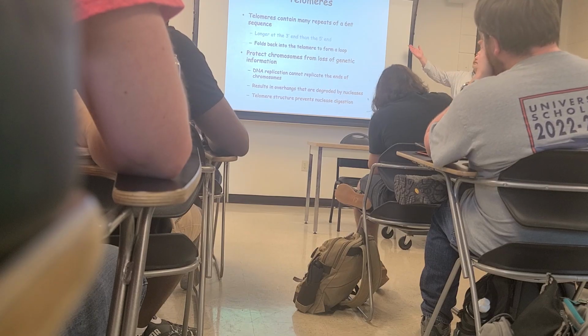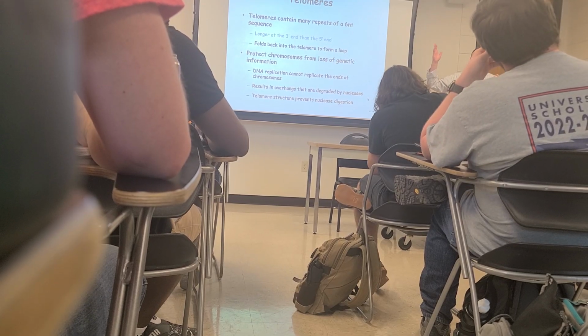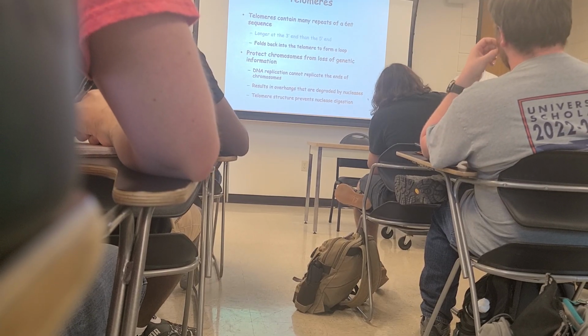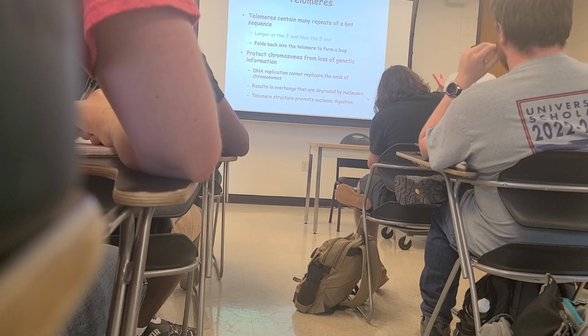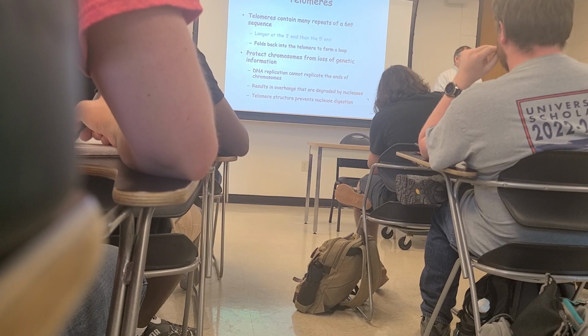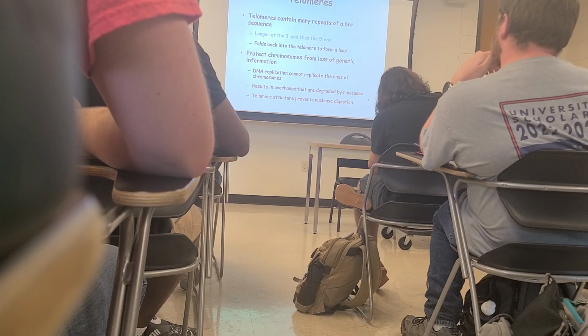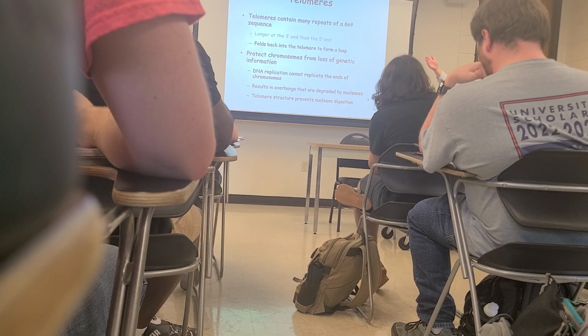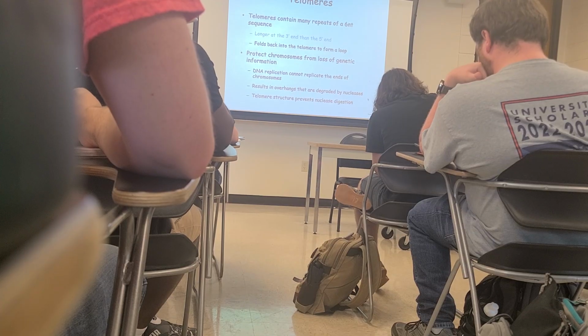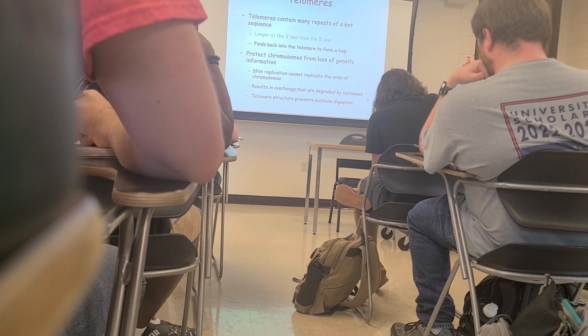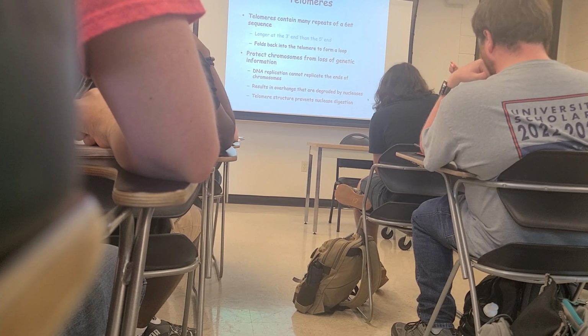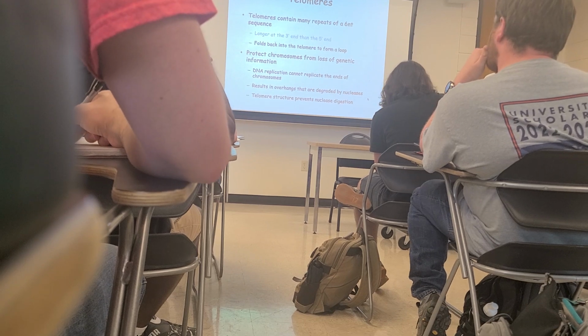So how many sixes does it take to make 10,000? Don't worry about the math, but it's a lot, right? These are pretty short little things you have to keep making over and over again to build up on the end of your piece of DNA. It's not like a big block of something. It's a bunch of small little pieces of the DNA that are lined up at the end.